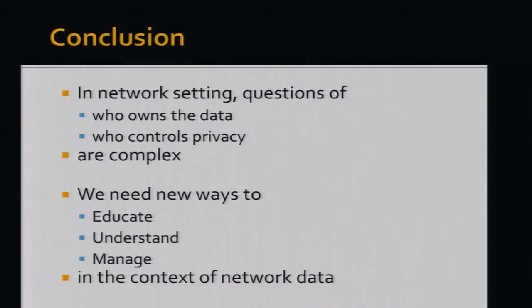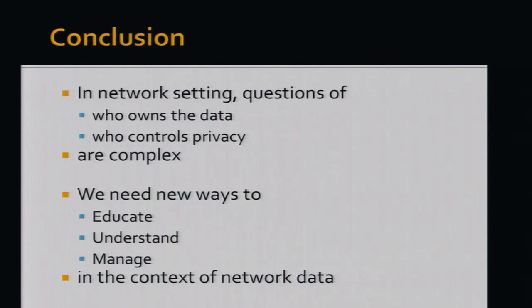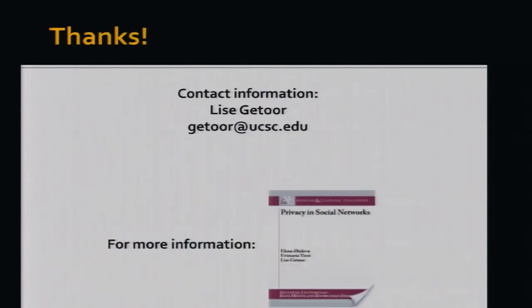And I don't think that these will necessarily provide the solution, but I think they're incredibly important for informing the discussion around policy for solving these. And then if anybody wants to know about the methods, so more from the machine learning perspective than the policy setting, we have this lecture note synthesis available on privacy and social networks. So thanks.